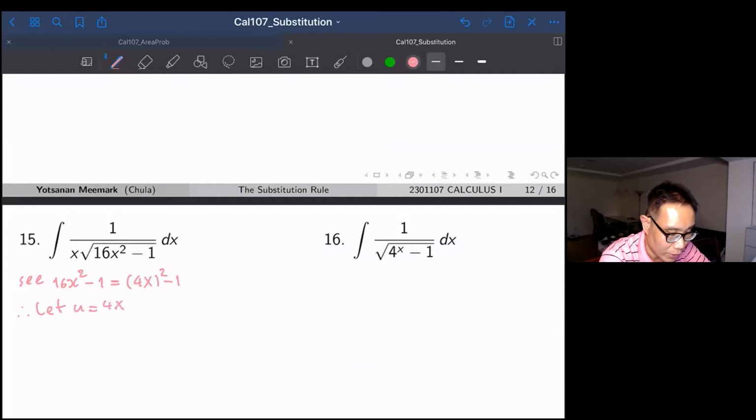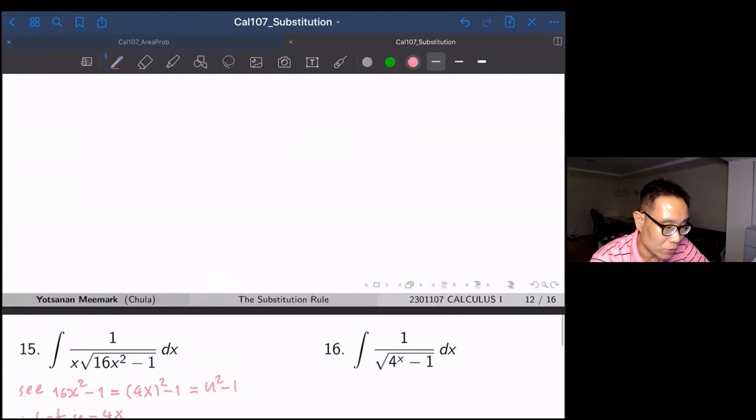Then this is equal to u squared minus 1. This is how we determine u. It's not going to be that u equals the whole thing, 16x squared minus 1. It doesn't happen that way, so you have to look at the structure of the function.